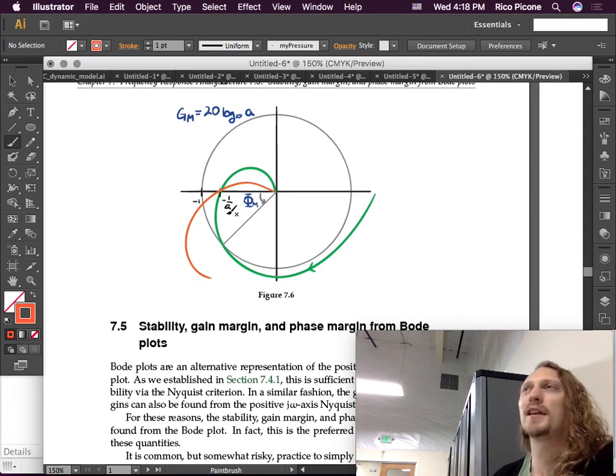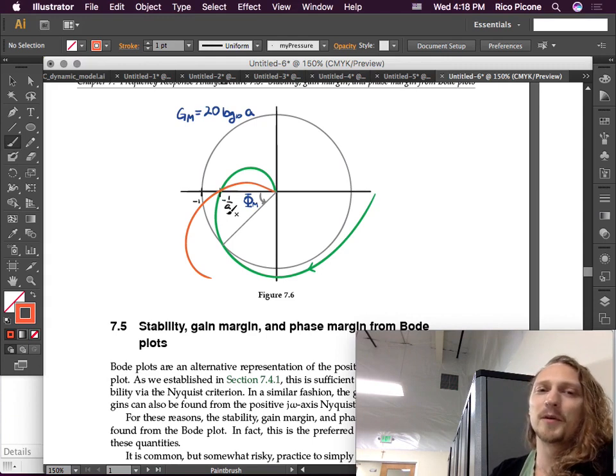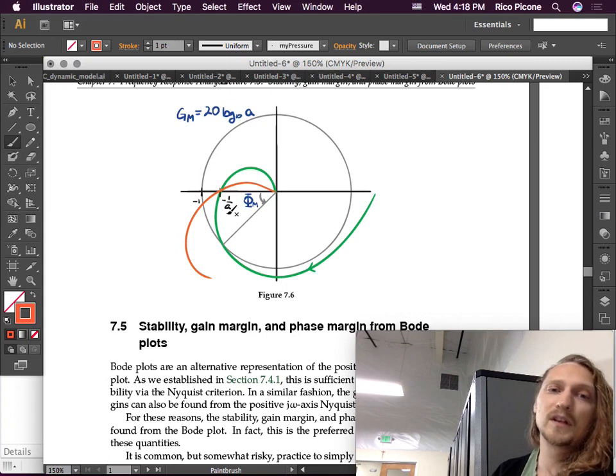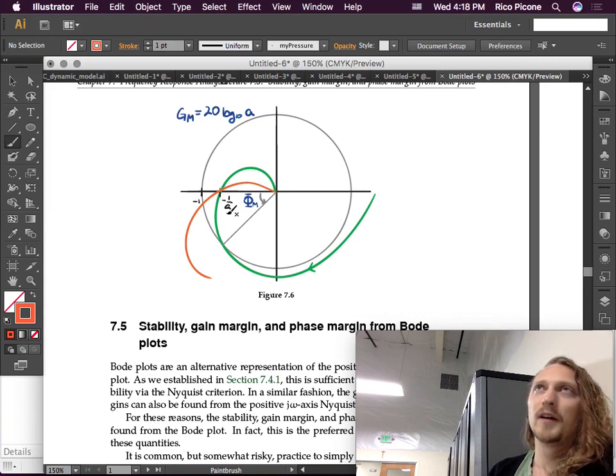And I would say that gain margin is easily the more intuitive of the two, although they're both totally valid. And they both go to 0. Well, gain margin is usually in dB, but if you didn't have it in dB, then the gain margin would go to 0 magnitude at the same time the phase margin goes to 0 magnitude.